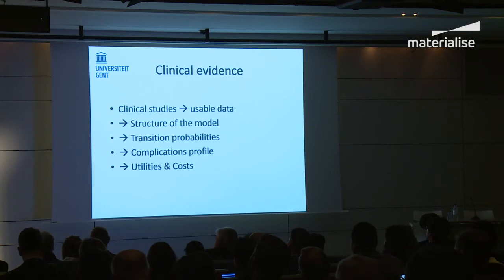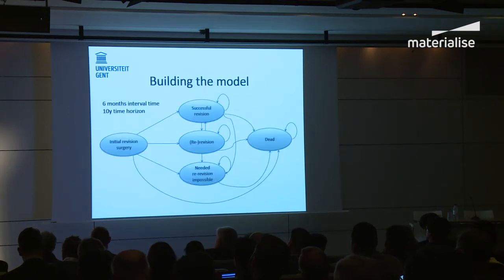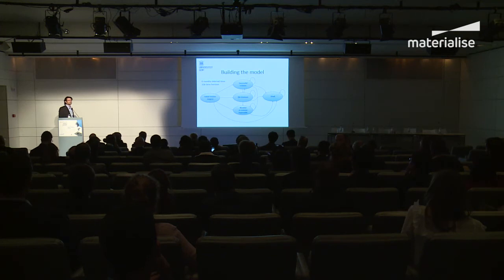which will be driving all of these. Every time we use a model, we build a separate model for the innovation and a separate model for the current state. We've been modeling it on a 10-year time horizon with 20 iterations and with a 6-month time interval. So actually it's a Markov model.